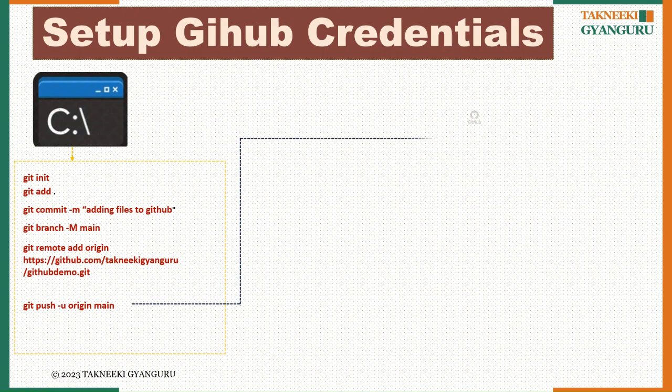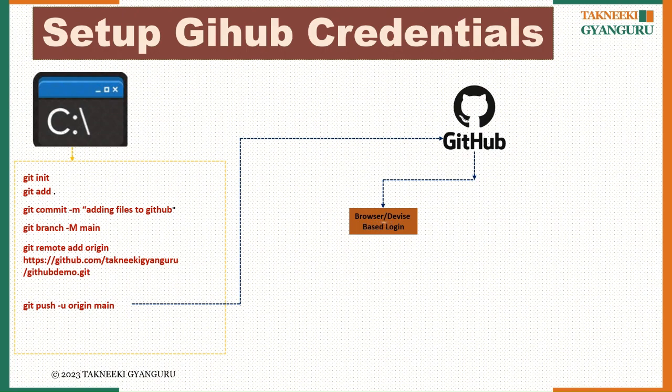Once you type this and press enter, it will go to GitHub, and then GitHub asks you for credentials, right? There are multiple methods. One method is browser or device based login, where if you choose browser based login, that means sign in with code. When you choose sign in with code, it will display some code on your browser.